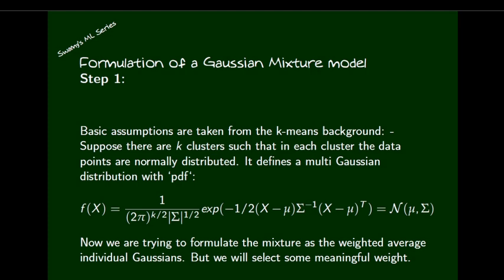Okay, as a first step, the basic assumptions are taken from the k-means background. In order to understand the Gaussian mixture model, I am using a k-means clustering background. That means we have many data points, but we have only k clusters. We classify these points into k clusters. My aim is to show that each of these clusters can be determined by a distribution.